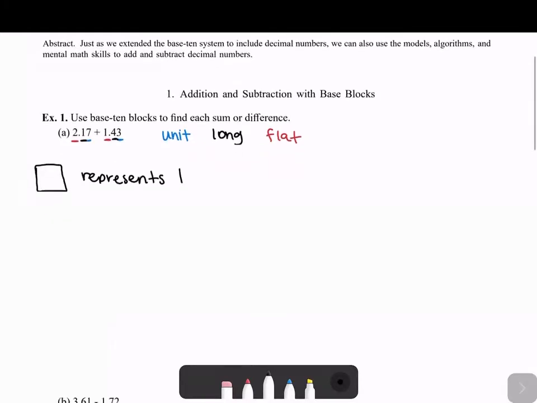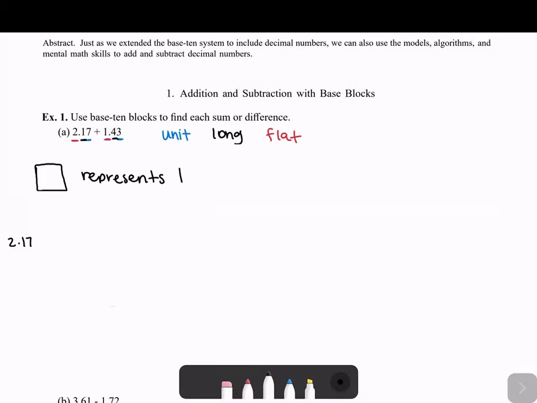Okay, so now, just like how we did before, in order to add numbers using base blocks, we're going to represent each of the numbers using base blocks and then combine them, regroup them, and then see what we're left with. So first, we want to look at the base block representation of 2.17. Remember that we should read this 2 and 17 hundredths.